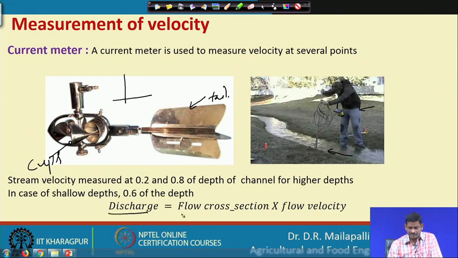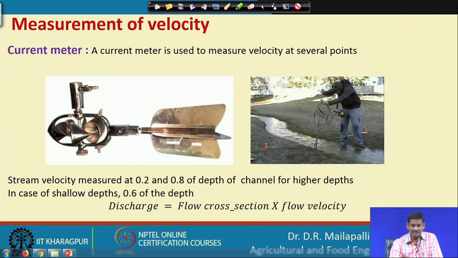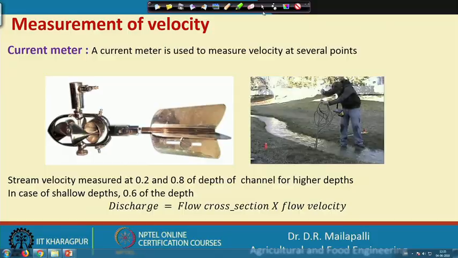Okay. So, the discharge is equal to the flow cross section multiplied by flow velocity. Similar to the previous method, the current meter gives the velocity, and if you know the cross-sectional area, it will give the Q, which is equal to area into velocity.